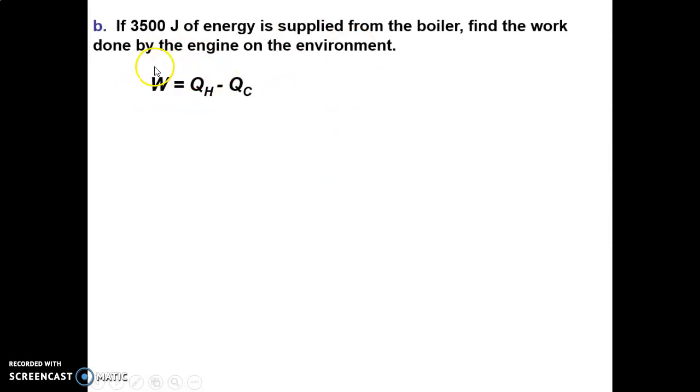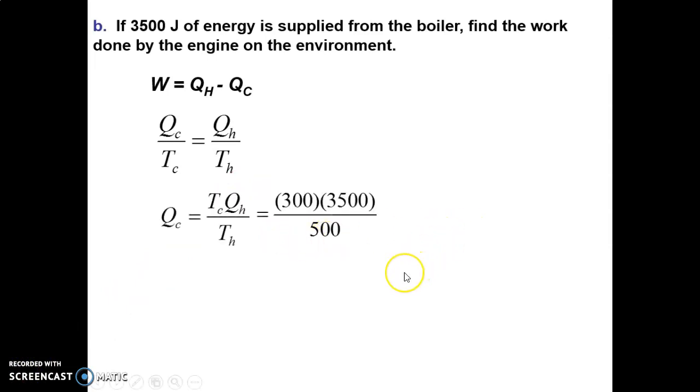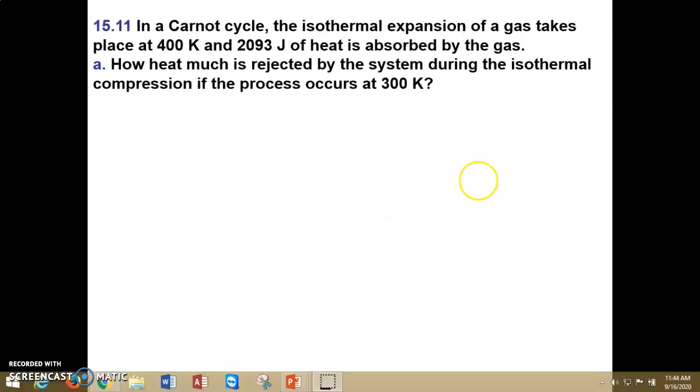But anyway, work equals QH minus QC. And this is a wonderful little equivalency, I'll call it, that we can use. You can solve for various things, and this is really handy. And that is an example of a problem.